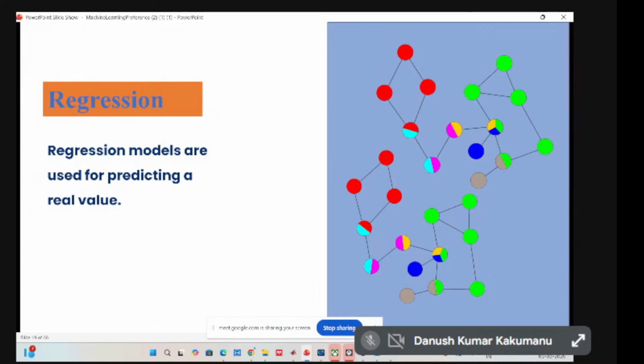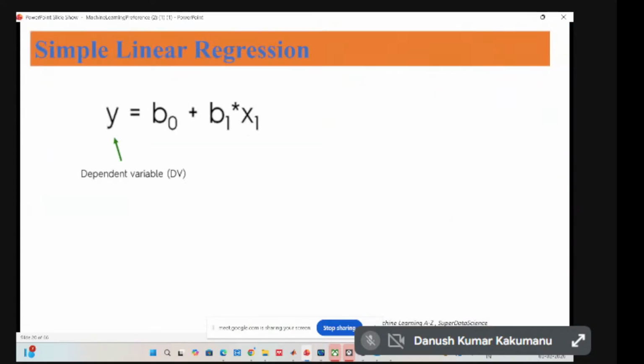And this figure you can put in. Formula: y equal to b naught plus b1 x1.